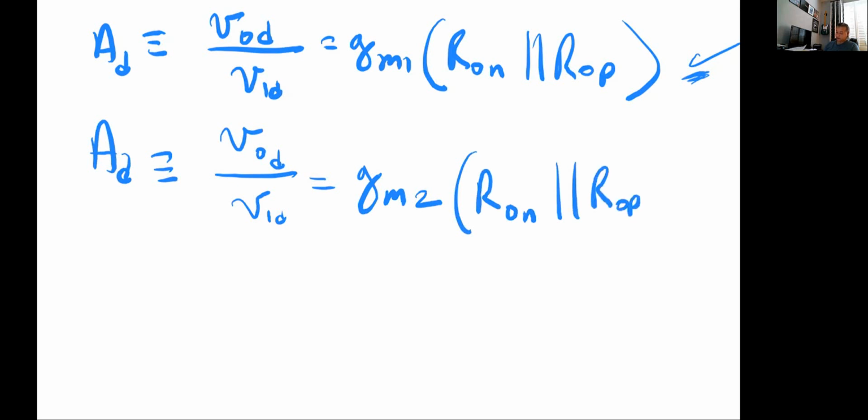So again, because that differential pair of cascode configurations is symmetrical, we are making heavy use of what we looked at in the last chapter to come up with this result, okay?